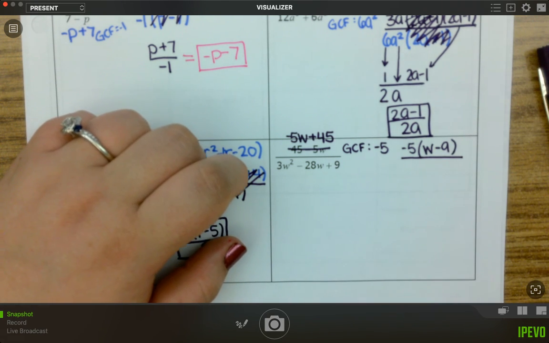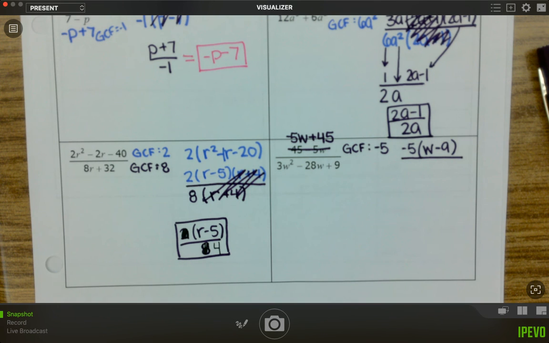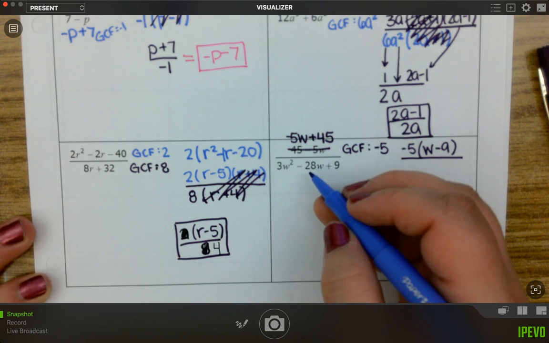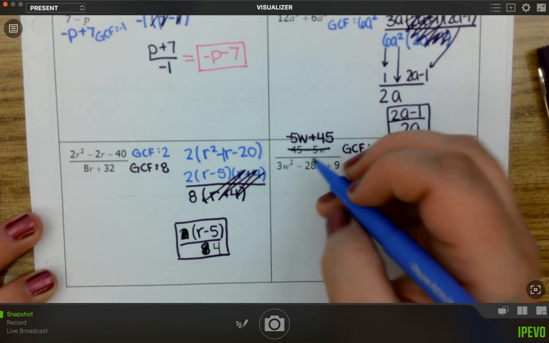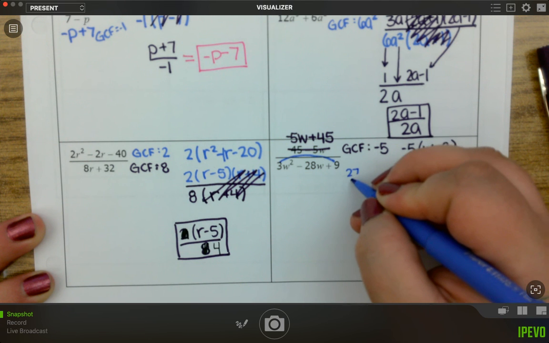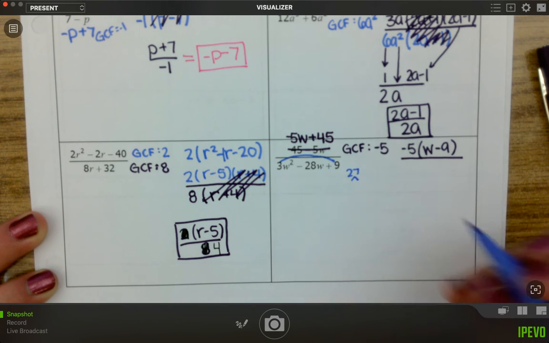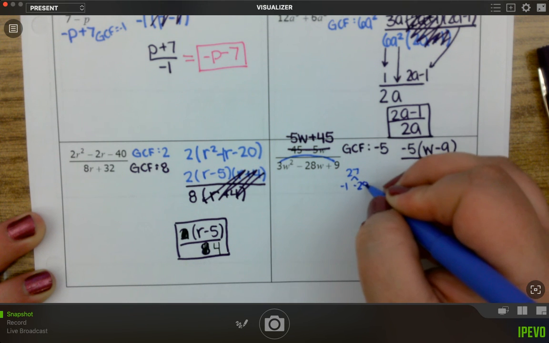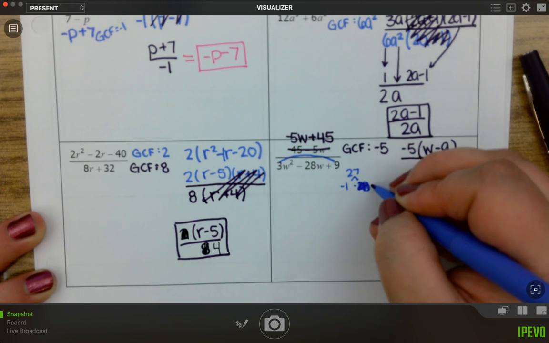And then on the bottom, this is where I get a little bit tricky because I can't divide 28 by 3. So since there's a number in front, I have to multiply 3 and 9. So I'm looking for something that multiplies to 27 that adds to negative 28, which is 1 and 27.